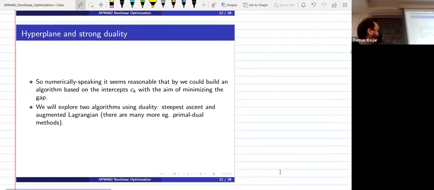We'll explore two methods: steepest descent and augmented Lagrangian. These are not modern methods, they're from the 80s. But people have put other pieces on them.